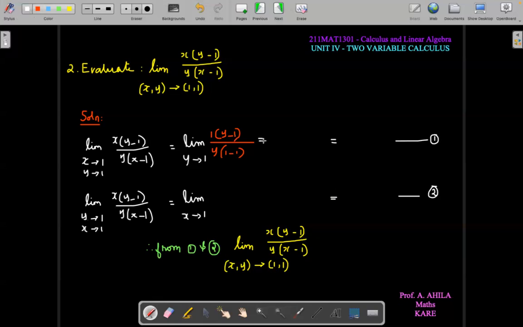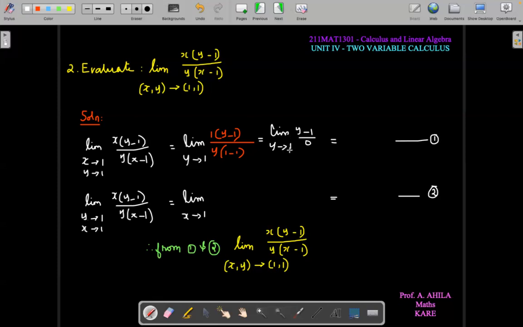Okay. So by simplifying, limit y minus 1 by 0 into y. 0 into y is 0. Okay. So I didn't substitute y equal to 1, so I just take this one. Therefore, what happens? y minus 1 here.